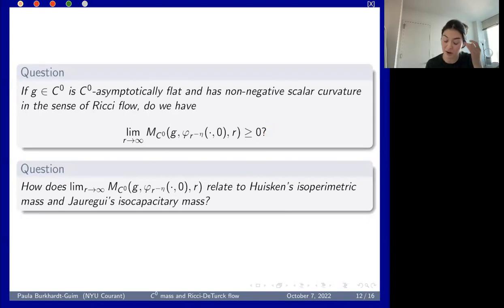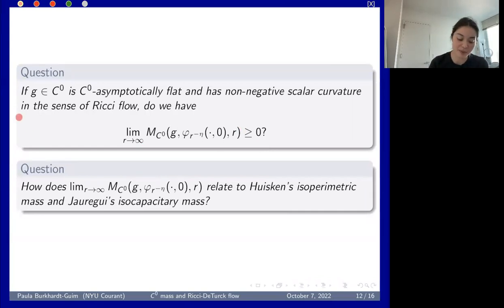So, what I'm trying to assert is that the limit of this C0 local mass is a reasonable analog of the classical ADM mass, because it agrees with the classical ADM mass whenever it exists, but it's also well defined for C0 metrics that are C0 asymptotically flat, at least if they have non-negative scalar curvature in the sense of Ricci flow.